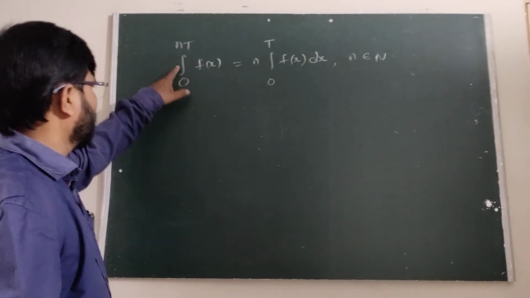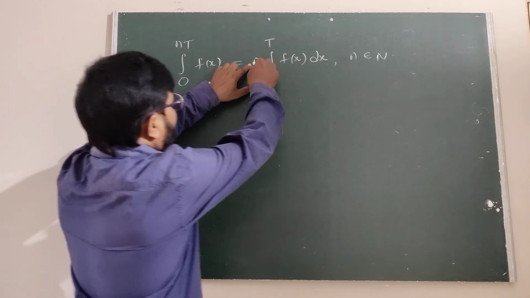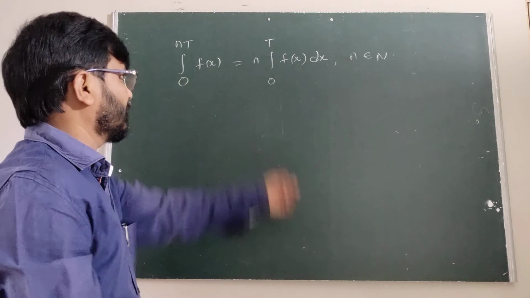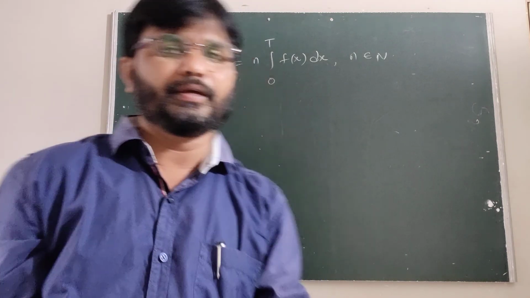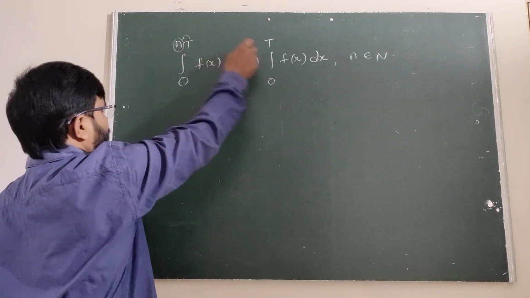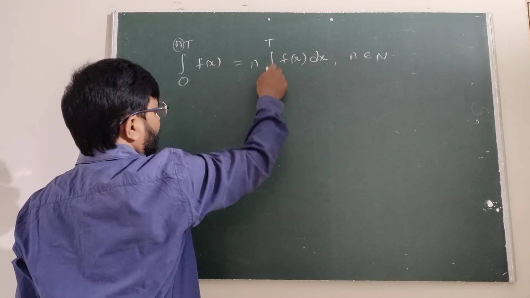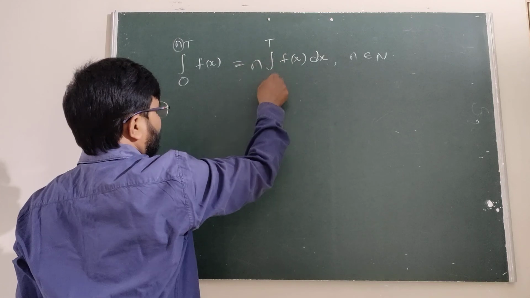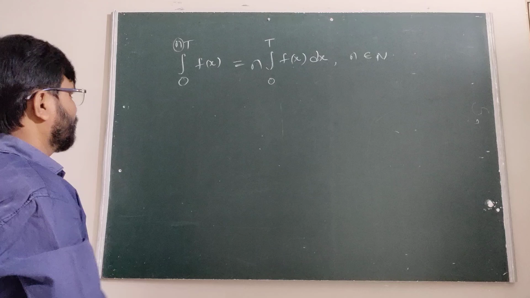Suppose the integral from 0 to nT of f(x) equals n times the integral from 0 to T of f(x) dx, where f(x) is a periodic function of period T. When the function has period T, the coefficient n can be written at the beginning, outside of the integral. Is it clear? This is the form.